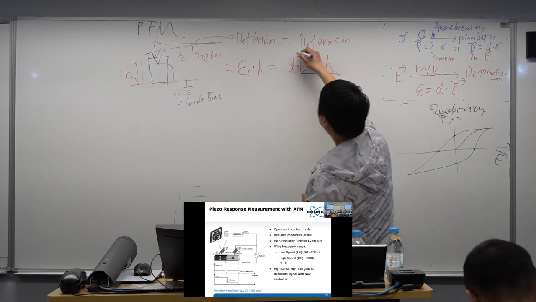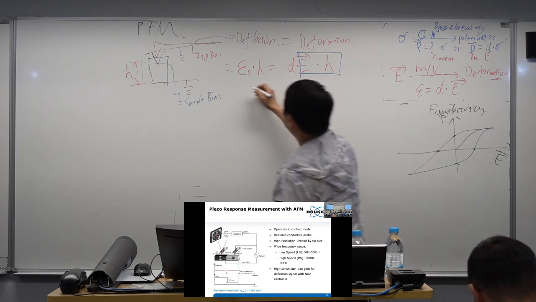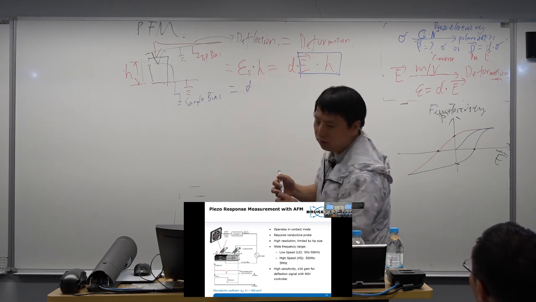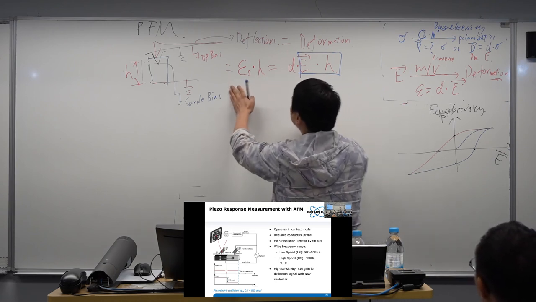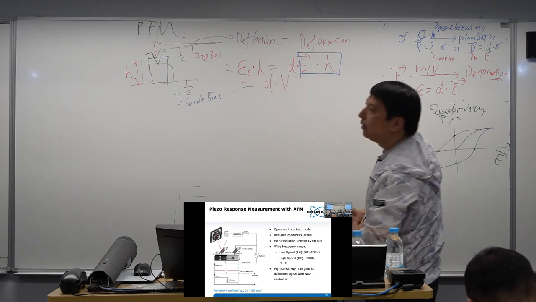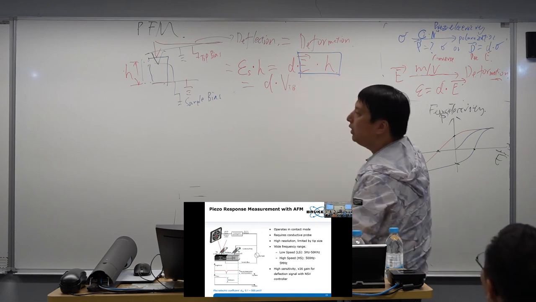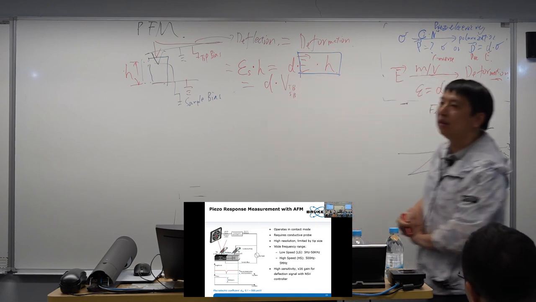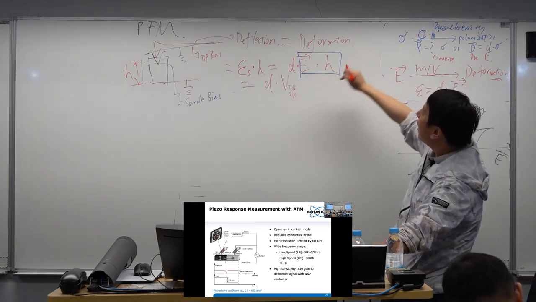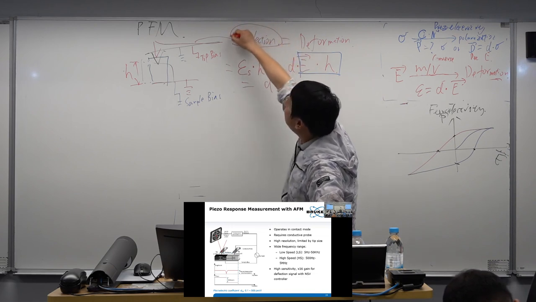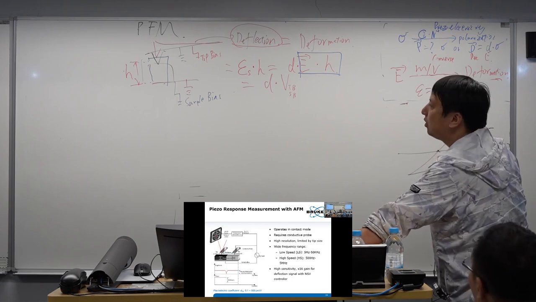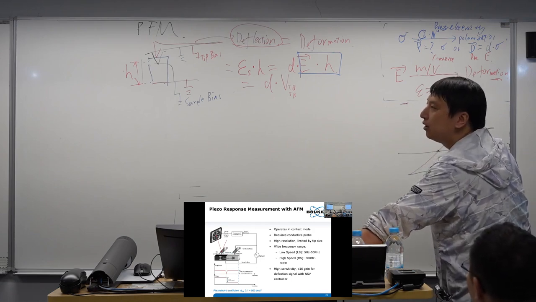So this one is just the voltage I applied. Sorry, I used the red pen. So it should equal D times the voltage I applied. It can be tip bias, it can be sample bias. So I apply a voltage on the sample, I check my deflection, and I can get the piezo effect coefficient.